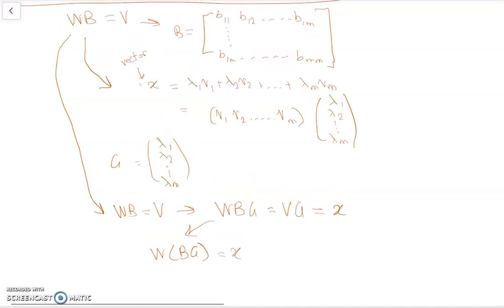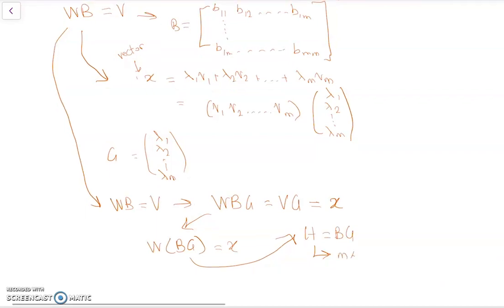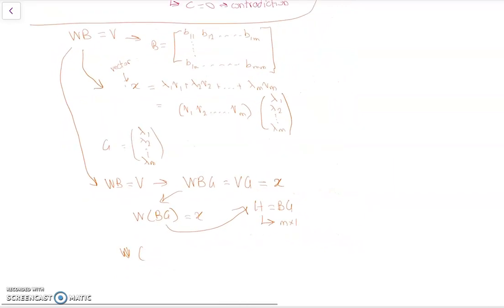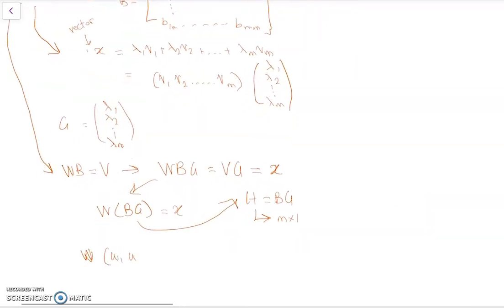B is an M times M matrix and G is M times 1, so if we let H equal BG, this is going to be an M times 1 matrix as well. We can write the W matrix as W1, W2 up to Wm, and the H matrix as H1, H2 up to Hm. This is equal to a linear combination of W's, with coefficients in front of the W's, giving us our vector x.